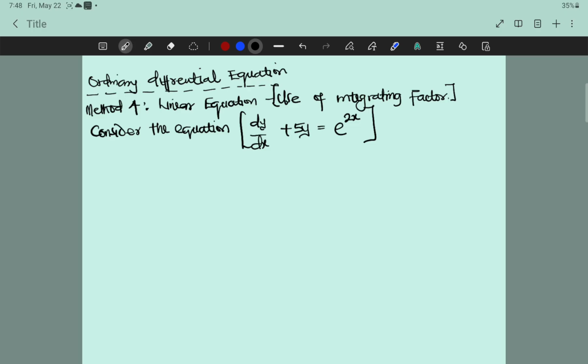The use of an integrating factor is very important, but you must be able to use it.